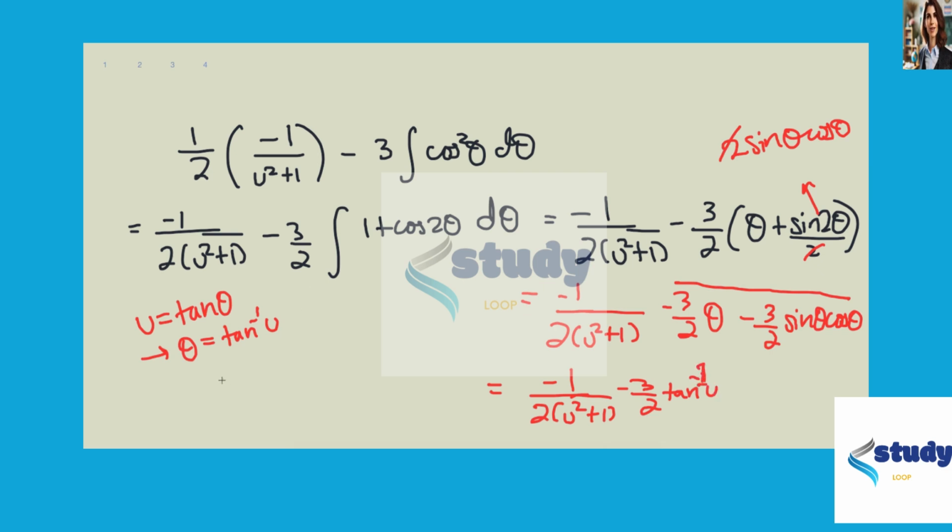And then to find sine and cosine, we'll draw that triangle. So tan is u over 1. So there's my u, there's my 1. Use Pythagorean theorem to find the hypotenuse. And then multiplying sine and cosine, we get 3 over 2, and then we have u over u squared plus 1.